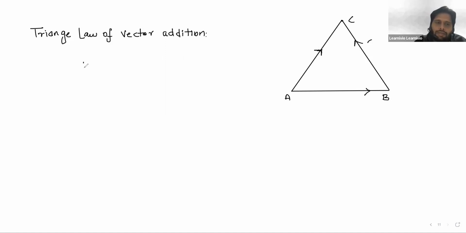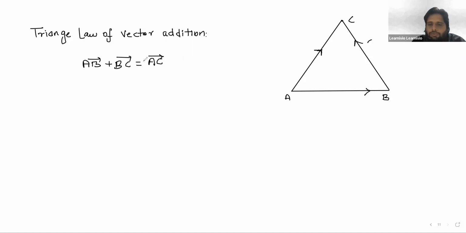So we can say AB plus BC. You have gone in this direction AB, then in this direction BC, so this will be equal to AC. This is the triangle law of vector addition.